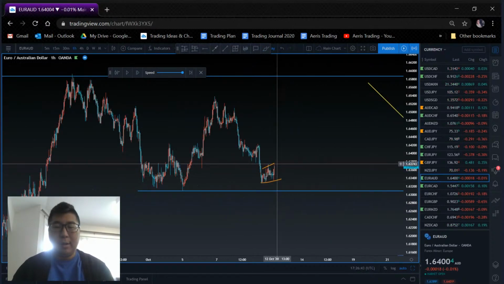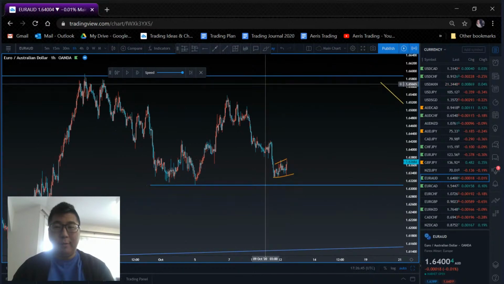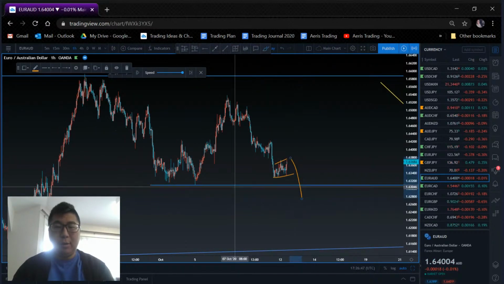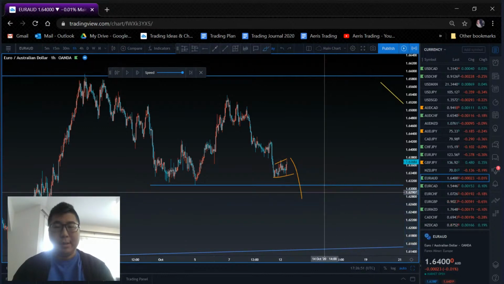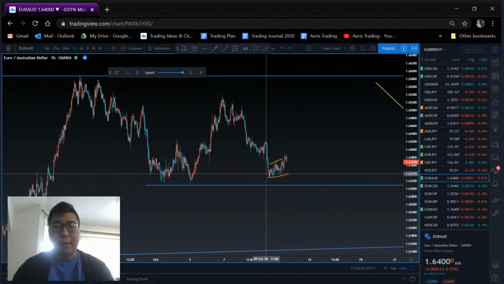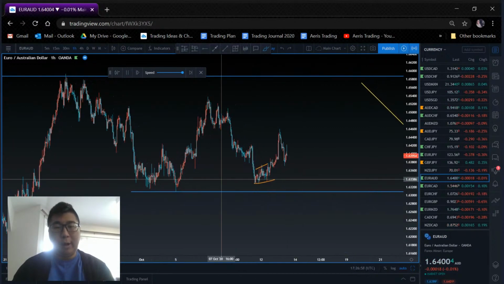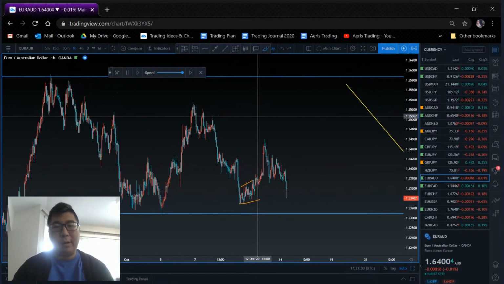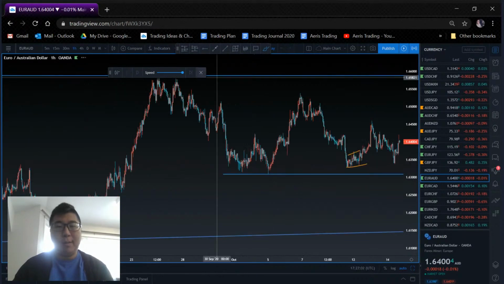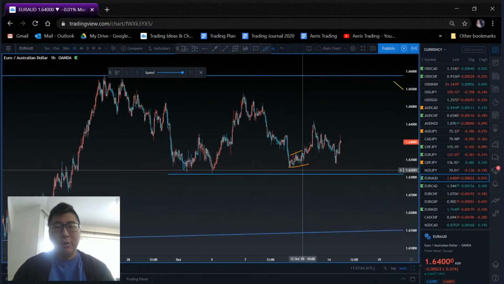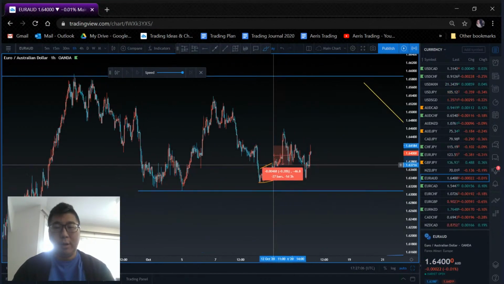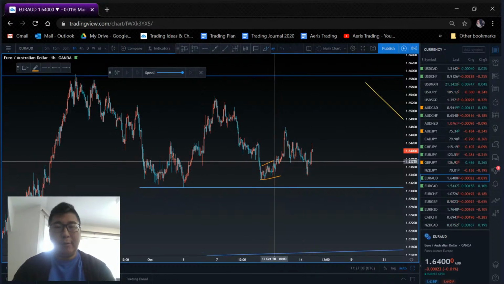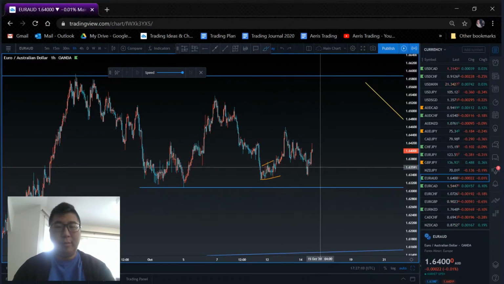I personally would want to wait for price to break below a previous low and then form a correction here for the sell, because it's just one more confirmation for me. These are really the small things I work on that will help you save a little bit more capital. You won't be in these mediocre trades where you get easily tagged out once price starts forming a little bit more reversal.